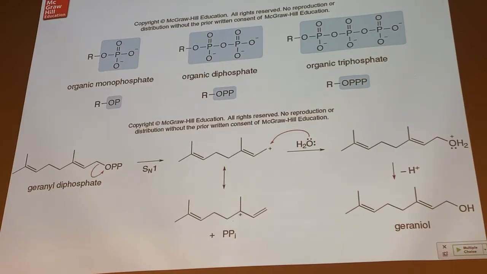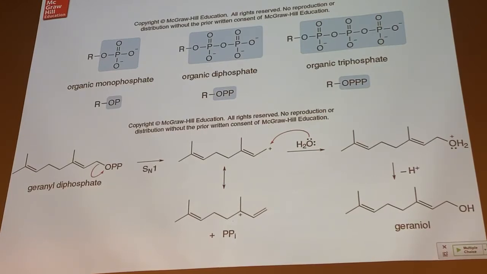It's resonance stabilized, exactly. So we said that if you can form a resonance stabilized primary carbocation, it's not really a primary carbocation because the positive charge is shared by two different carbons. And so that's what's happening here. We generate this resonance stabilized cation. Water attacks as our weak nucleophile, and we get the final product.